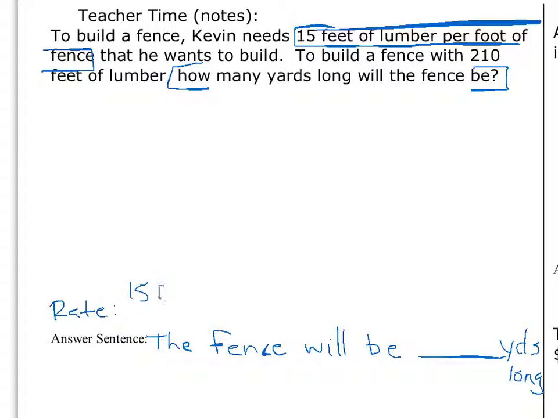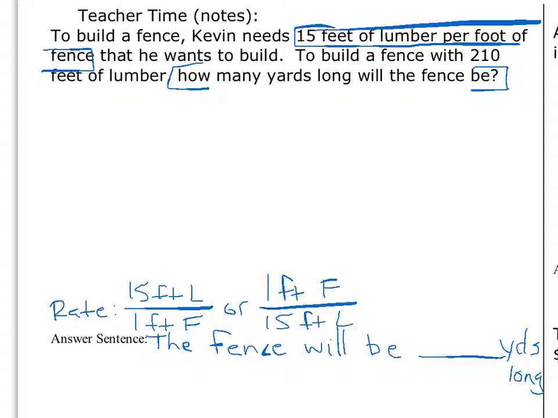So that's 15 feet lumber for 1 foot of fence. Or I could write that the other way around, 1 foot of fence for 15 feet of lumber. I'm also given a situation here, 210 feet of lumber.